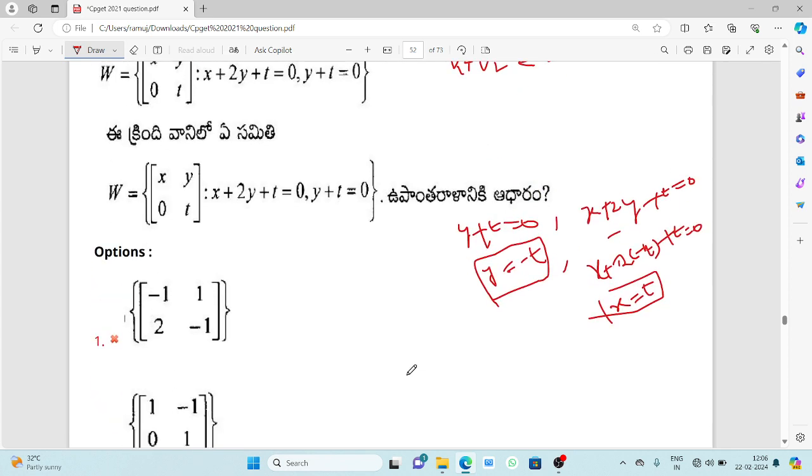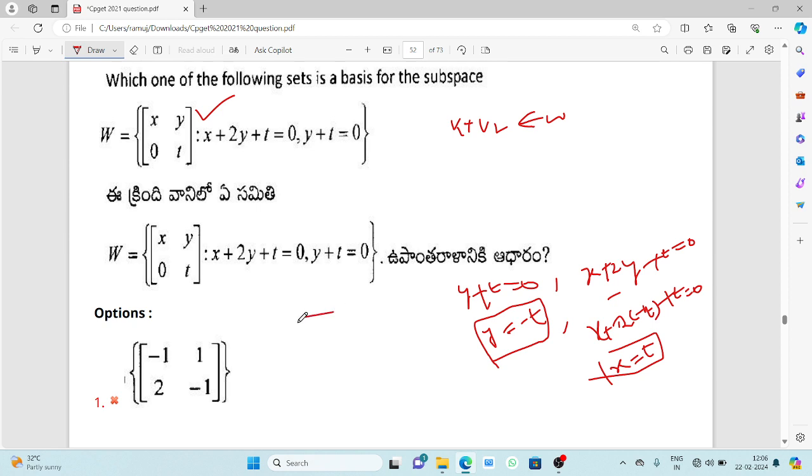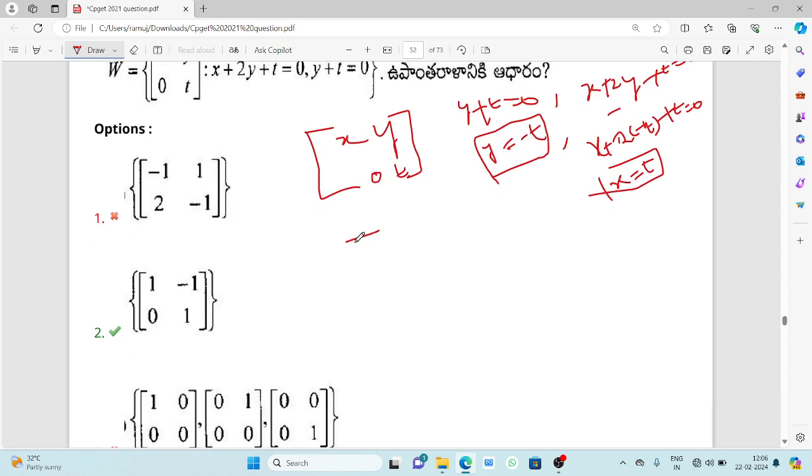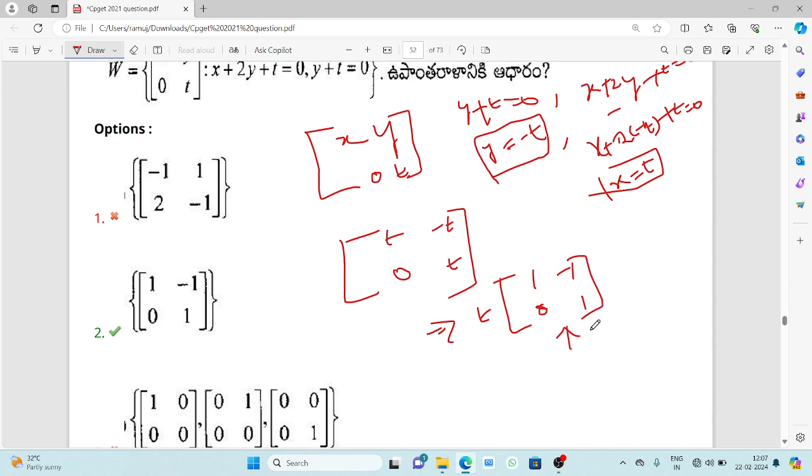If you substitute the values into the given subspace, we have x, y, 0, t, so I get t, minus t, 0, and t. If I take t common, I get 1, minus 1, 0, 1. So this is the basis form of the given subspace. So the second one is the correct option for this question.